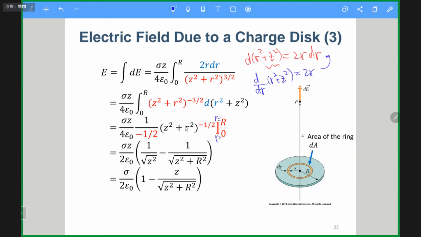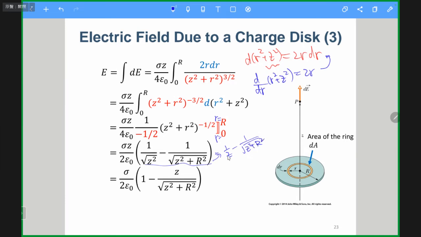So when r is 0, it is z squared to the negative 1/2, so it is 1 over z squared, take the square root. And then when we plug in small r as capital R, we have z squared plus capital R squared, then take the square root, with a minus sign. So it looks like this. This one is 1 over z minus 1 over the square root of z squared plus R squared.